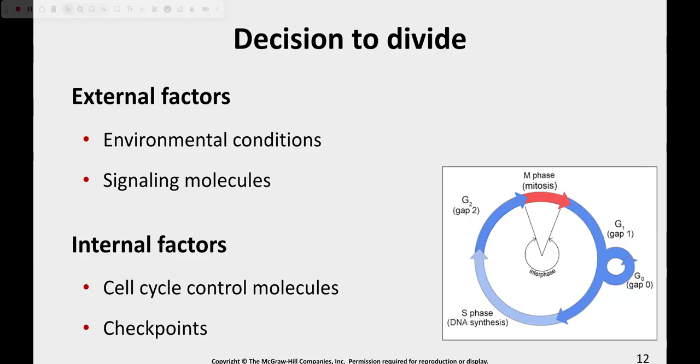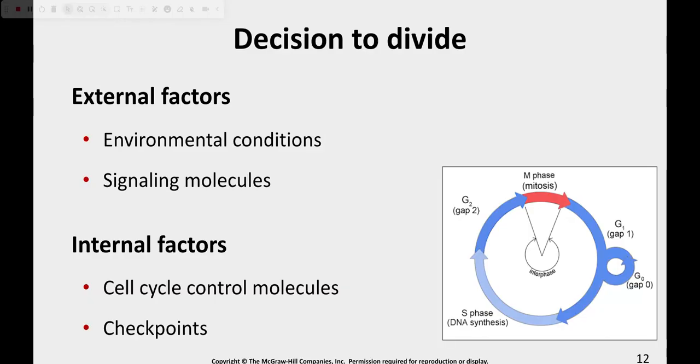It could also be internal factors, so within the cell itself. So the cell that is in this cell cycle, whether it's in G0, just hanging out, or actively in interphase, or just starting interphase here, there are some internal factors telling this cell whether or not it should divide. So there are control molecules within the cell cycle that tell the cell, yes, go ahead, or hang on, we don't want to divide just yet.